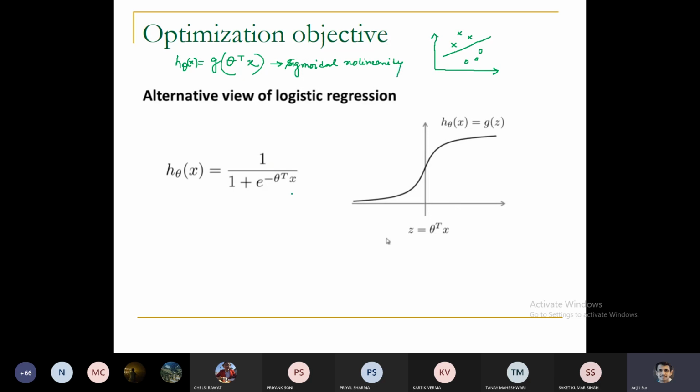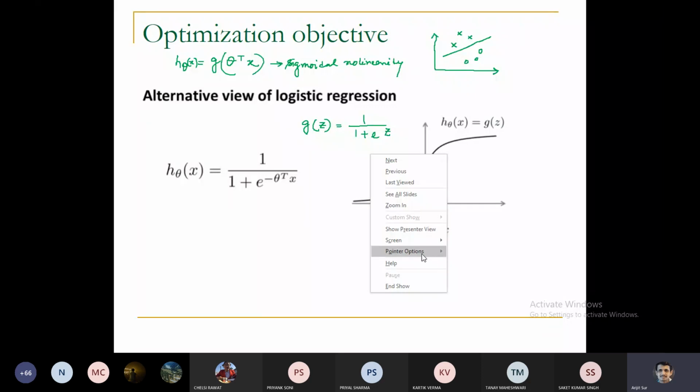What is the sigmoidal? We know that g(z) is equal to 1 by 1 plus e to the power minus z, where z is now theta transpose x.